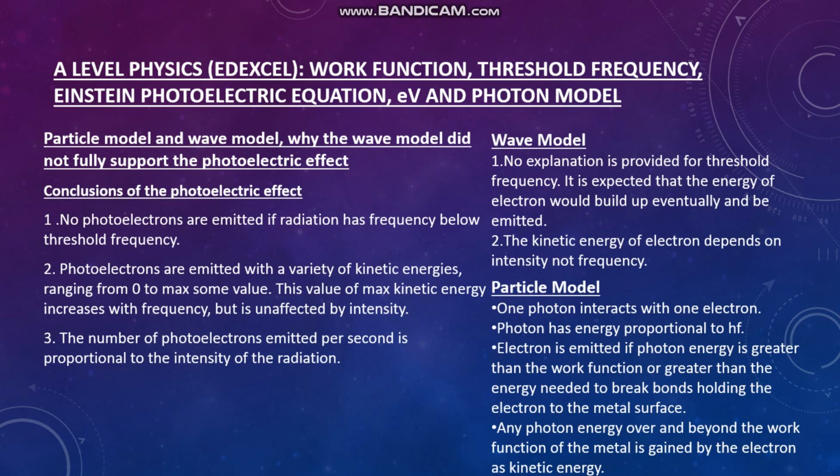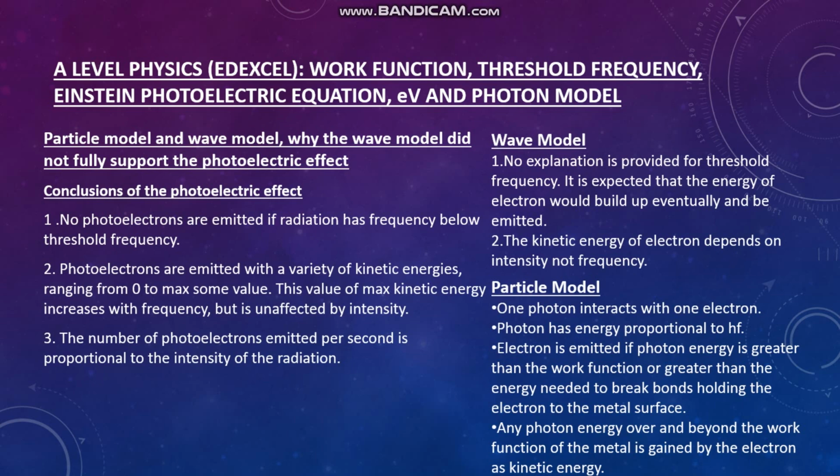Now, if we take the particle model into consideration, the particle model states that one photon interacts with one electron, and a photon has energy proportional to hf, and an electron is emitted if the photon energy is greater than or equal to the work function, or greater than the energy needed to break the bonds holding the electron to the metal surface.